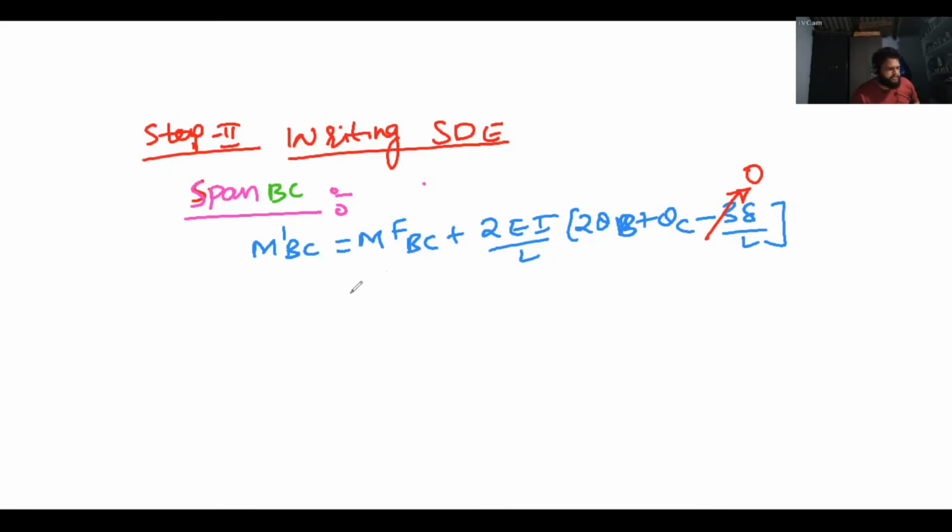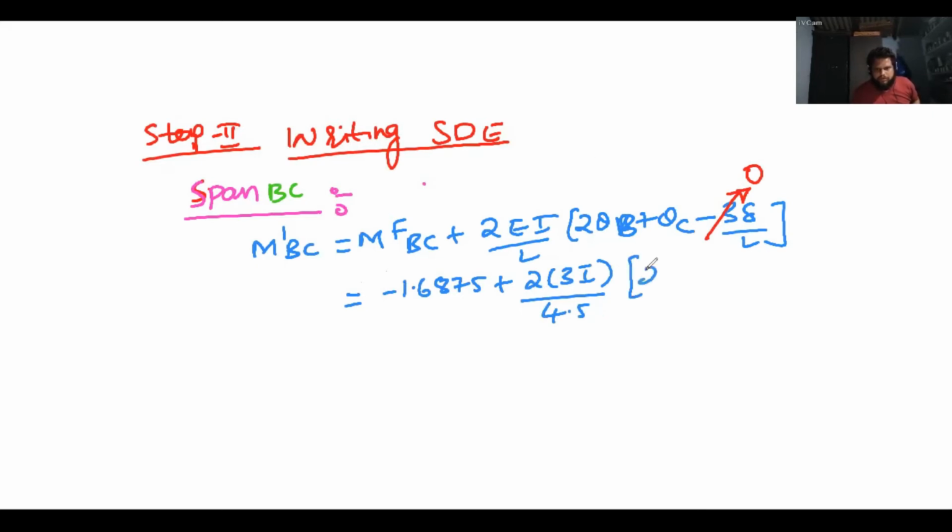Now what is MFBC? You got MFBC as minus 1.6875, and for the BC span, what is I given? It is 3I. So 2 times 3I. What is the length they have given? 4.5 meters. That's all.